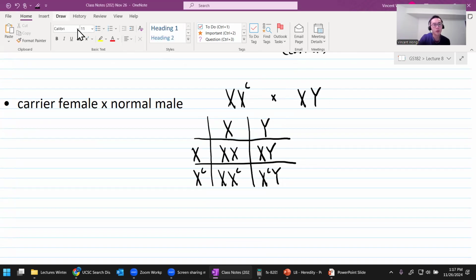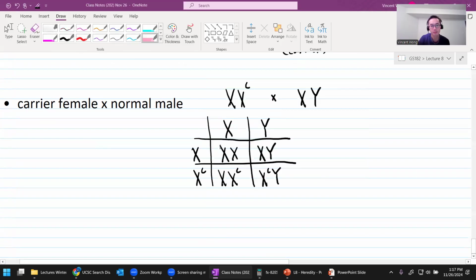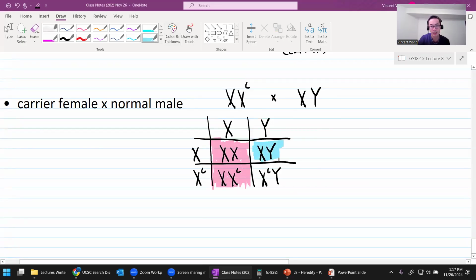Now, when we report the genotypes and phenotypes for sex-linked traits, we generally do it separately for the females and the males. These are the daughters, or potential daughters, and these are potential sons that they might produce.